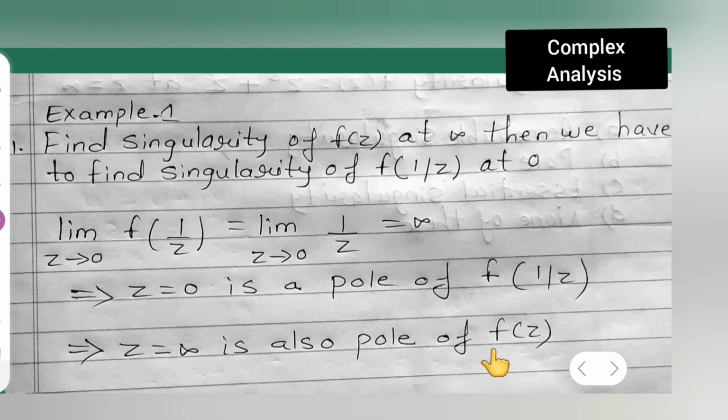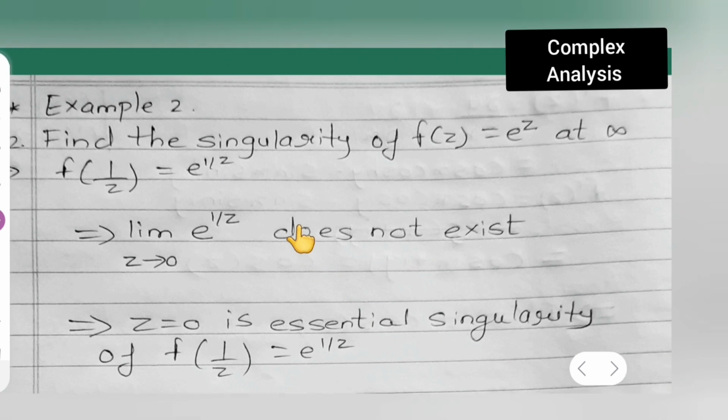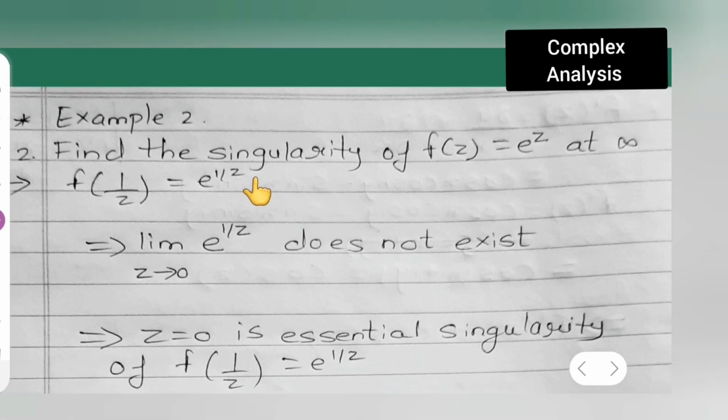So let us see the next example, that is example 2. Let me zoom it for you all. Find the singularity of f of z is equal to e raised to power z at infinity. f of 1 upon z is equal to e raised to power 1 upon z.